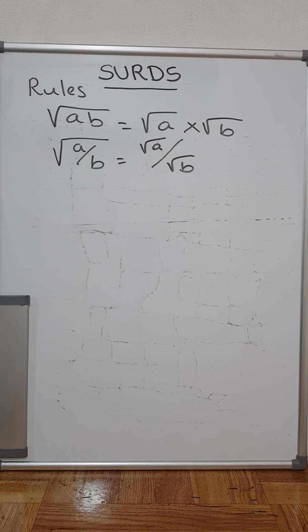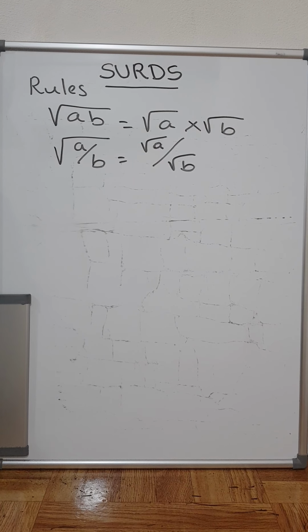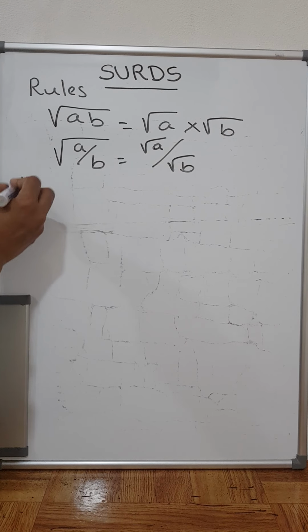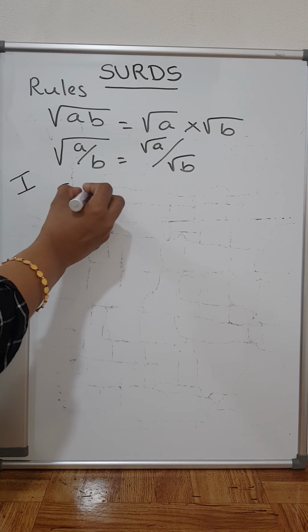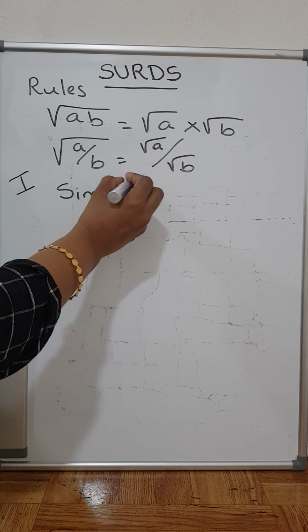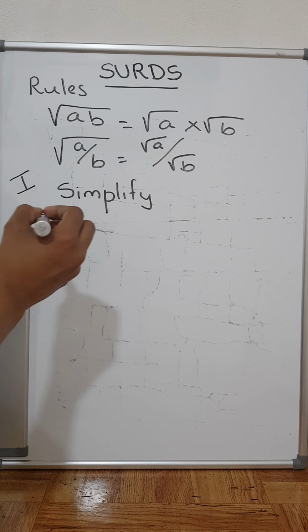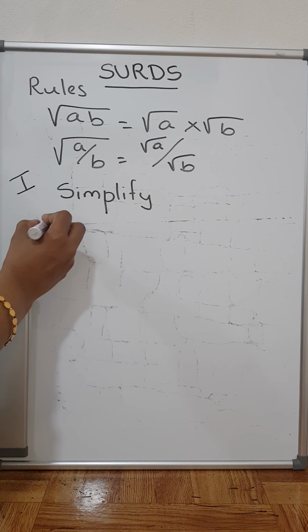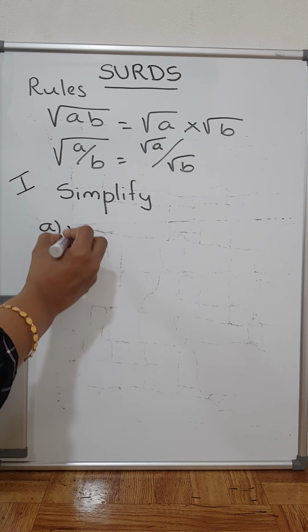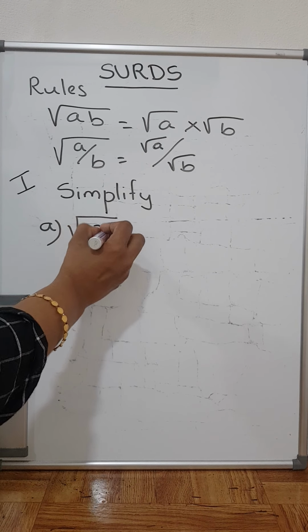We are solving questions from your textbook itself. The first question is to simplify. Question number 1. Square root of 12.